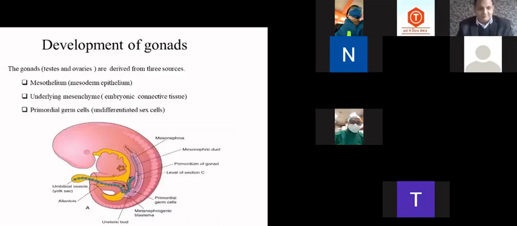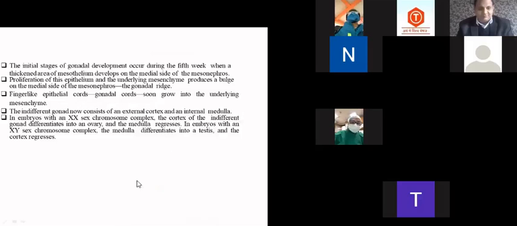So in the previous diagram, this is mesonephros, the middle part of the nephrogenic cord. There is this thickening, proliferation of tissue. Proliferation of this epithelium and the underlying mesenchyme produces a bulge on the medial side of mesonephros, the gonadal ridge.